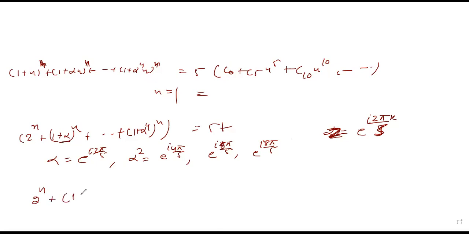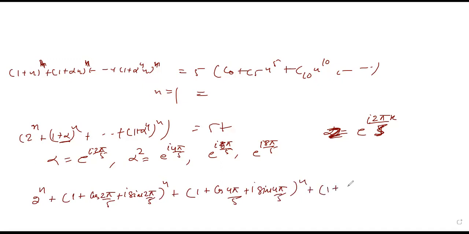This term will come 1 plus cos 2 pi by 5 plus iota sine 2 pi by 5 raised to the power n, plus 1 plus cos 4 pi by 5 plus iota sine 4 pi by 5 whole raised to the power n, plus 1 plus cos 6 pi by 5 plus iota sine 6 pi by 5, and finally 1 plus cos 8 pi by 5 plus iota sine 8 pi by 5 whole raised to the power n.